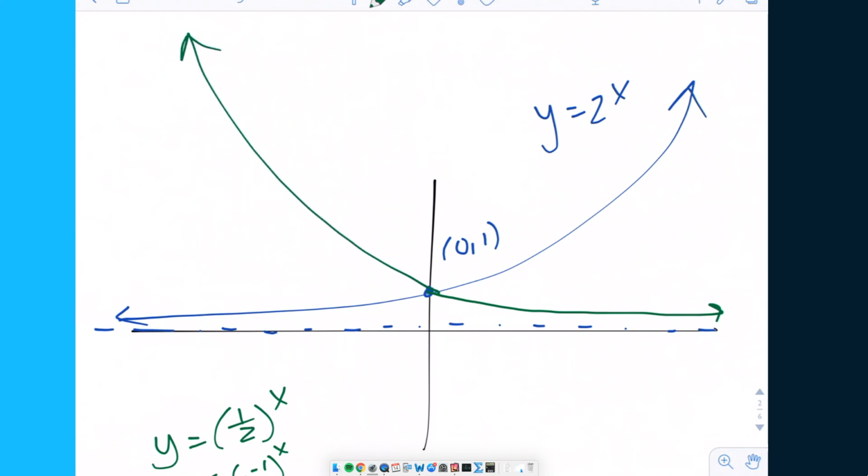So those would be mirror images of each other across the y-axis, and you get y equals 1/2 to the x. Okay, and similarly, y equals 3 to the x would be the mirror image of y equals 1/3 to the x, right? And what about y equals 1.5 to the x? It would be the mirror image of what decay function?